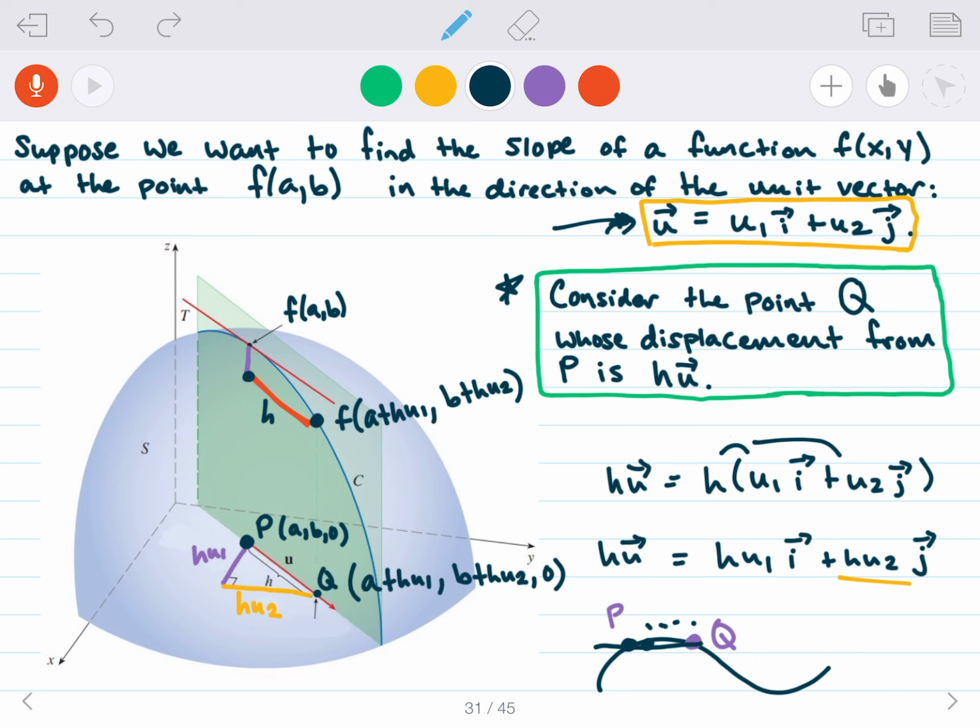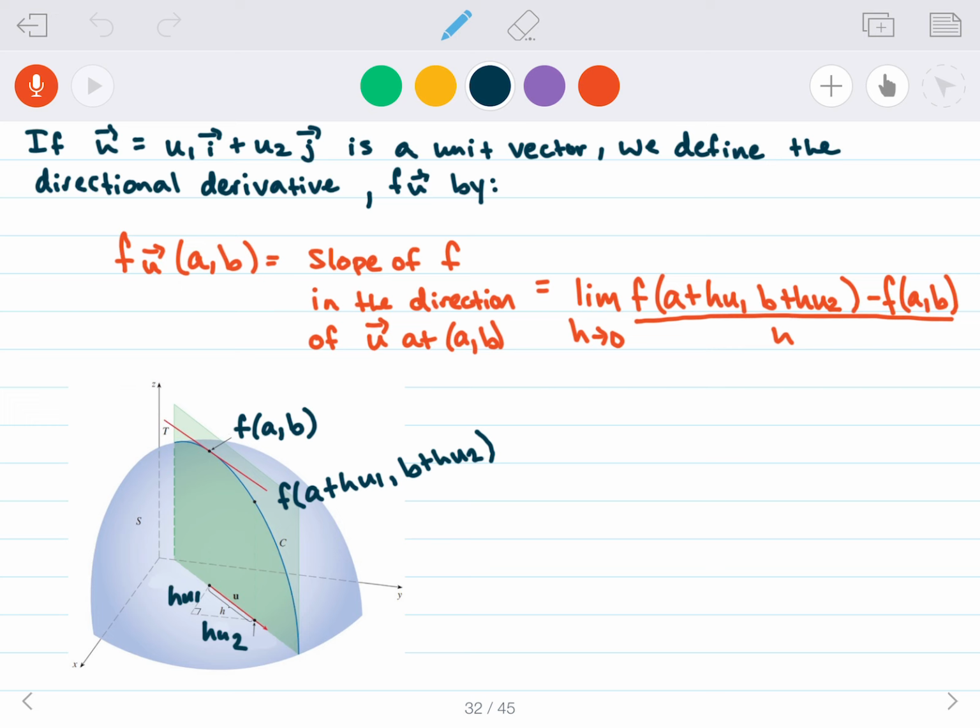And then the change from this height to this height is just going to be f of ab minus f of a plus hu1, b plus hu2. So this guy right there is going to be f of ab minus f of a plus hu1, b plus hu2. Okay?